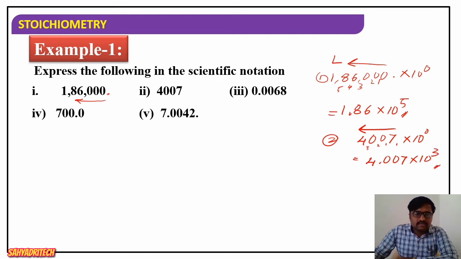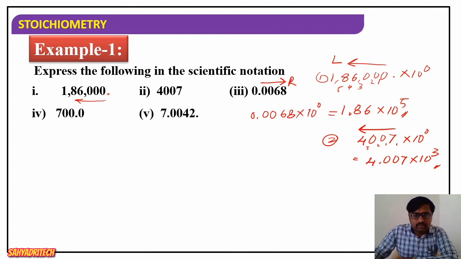In the third case, when you look at the value, here is the decimal point. So we have to move the decimal point here towards which side? Towards the right side. Right side means what happens? We get a decrease. Say for the same value, 0.006 into 10 raised to 0.